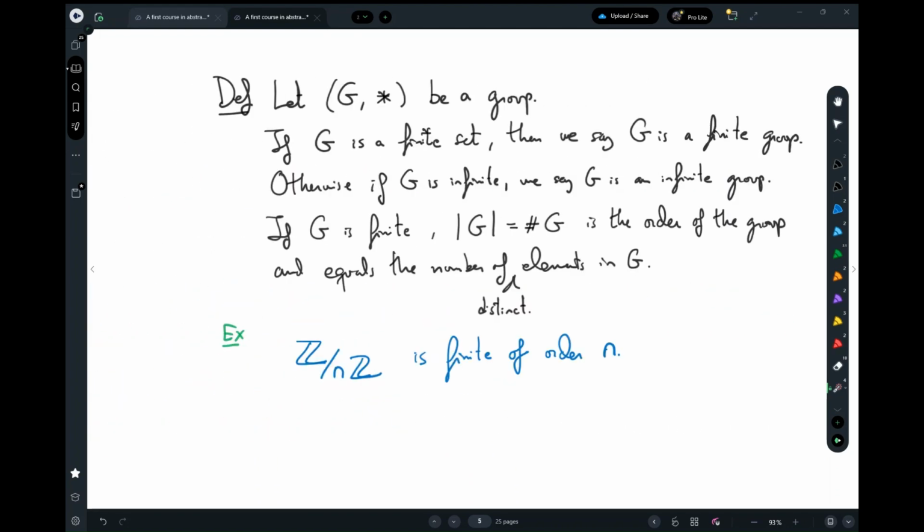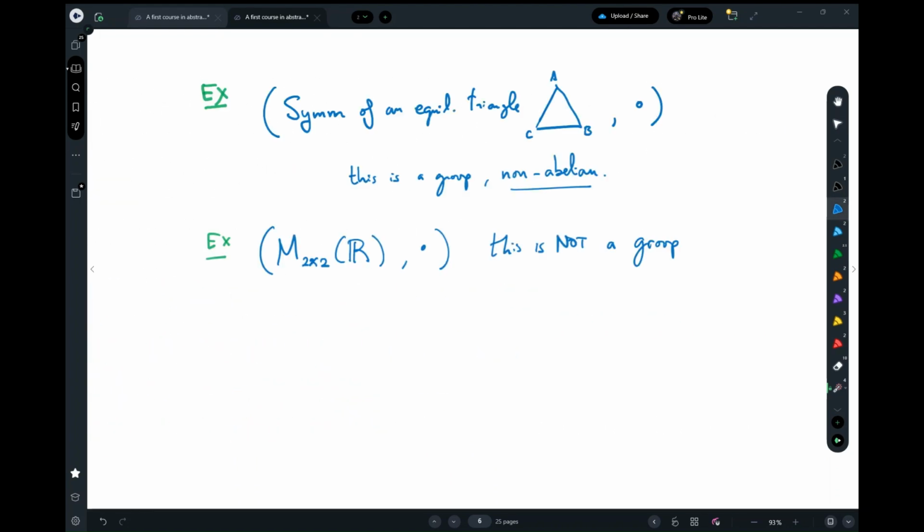It fails G3 because, for instance, a matrix such as this one does not have an inverse, such that an inverse times this one would give me the identity matrix, and there is no such thing.